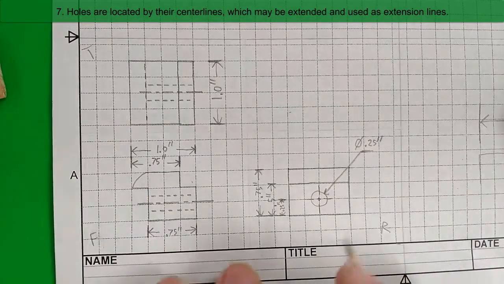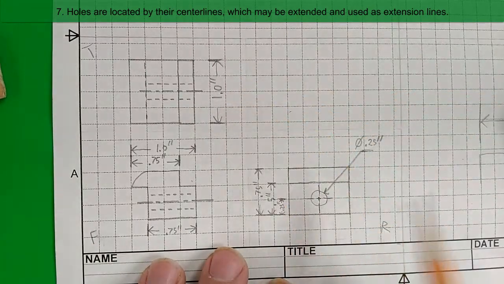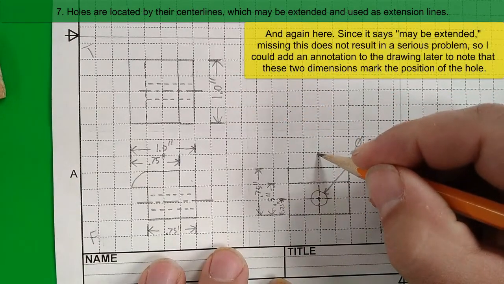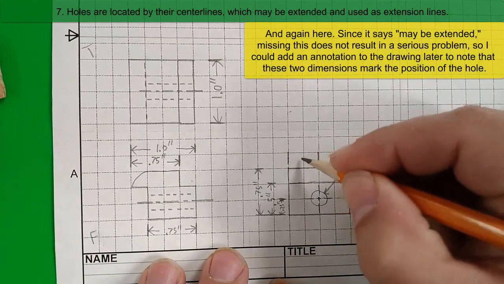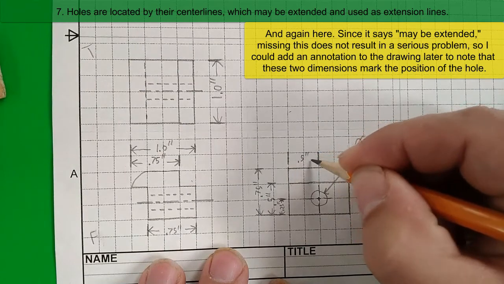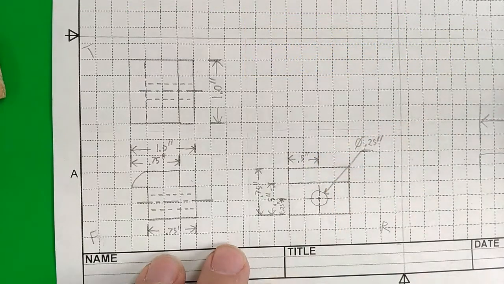And if this is dead center, and we know that this is a 1-inch depth, that tells us that the position of the hole is going to be 0.5 inches in depth.